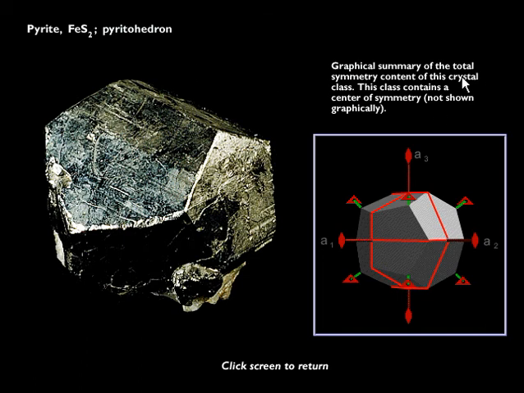Here we have the graphical summary of the total symmetry content of this crystal class. This class contains a center of symmetry. Here we have A1, A2, A3, the twofold axis, and the threefold axis. The dot inside means we are dealing with the roto-inversion axis.